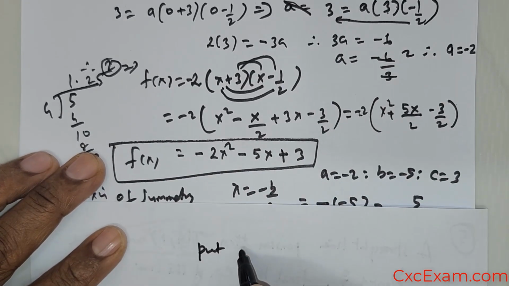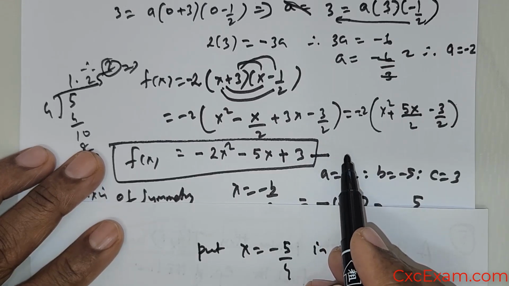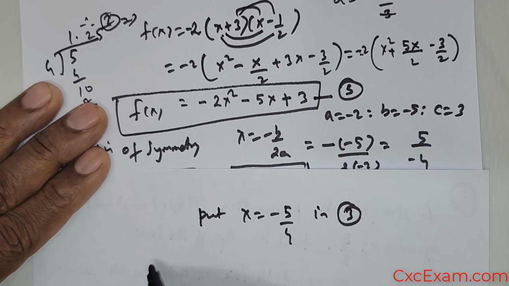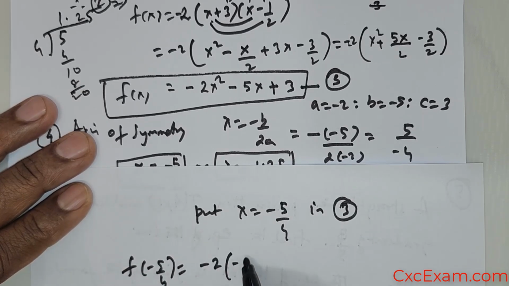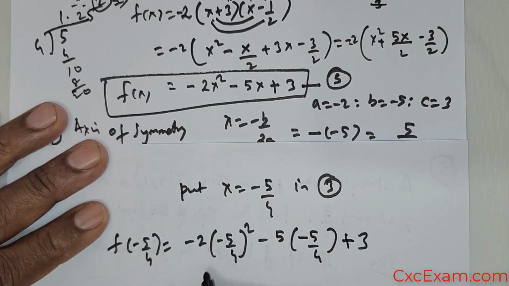So put x is equal to negative 5 over 4 in, let me take this as sum 3. So in 3, what happens here? f of negative 5 over 4 is equal to negative 2 times negative 5 over 4 squared, negative 5 times negative 5 over 4, positive 3.